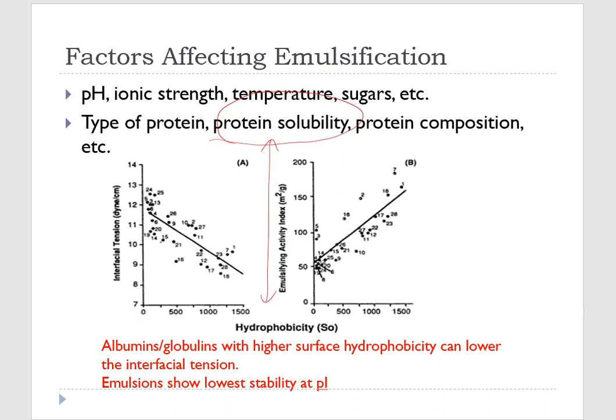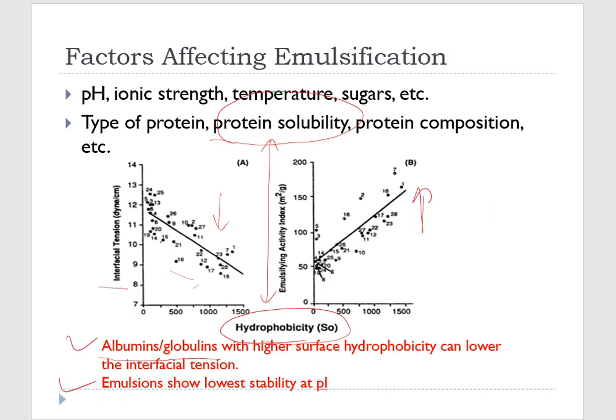Here you see in this graph the interfacial tension decreases as we increase the hydrophobicity, and emulsifying properties increase. We get a better emulsion when we increase the hydrophobicity. Remember, albumins and globulins are highly hydrophobic proteins, so they have higher surface hydrophobicity and can lower the interfacial tension at the interface.